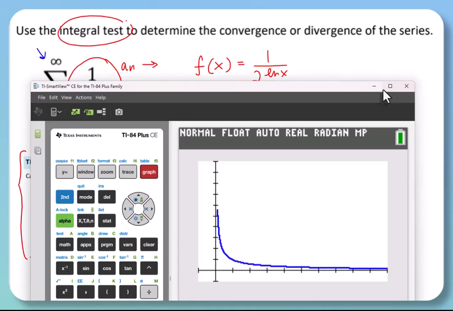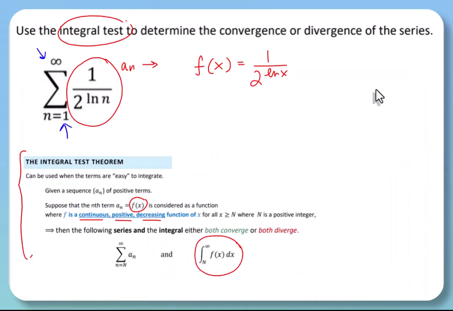Before we do anything else, we're going to talk about how we can show it is decreasing. So continuous, we can look at the graph or consider the domain, and in this instance, they both work out. Positive, that would be to consider the terms, and all of the terms are always going to be positive.